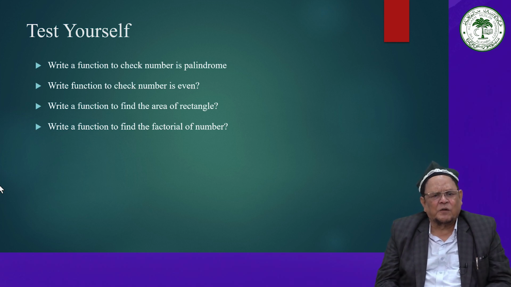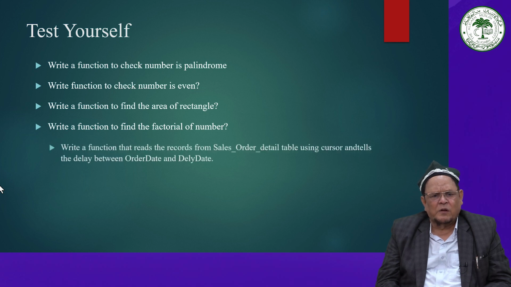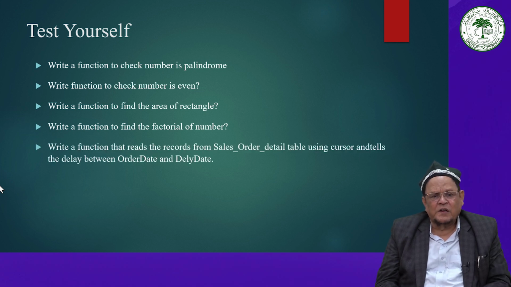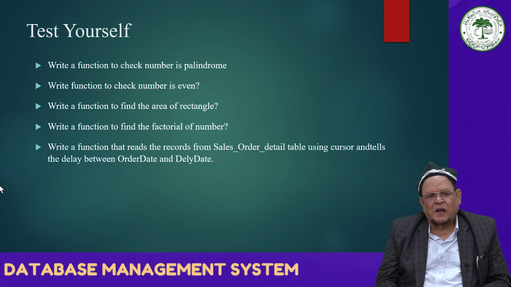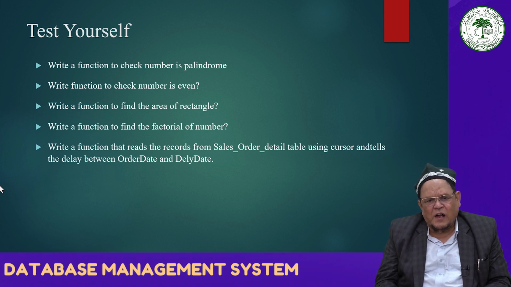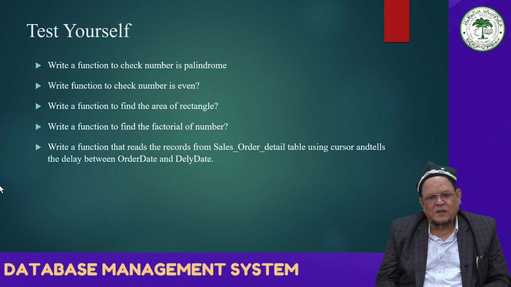The next question is to write a function to find the factorial of a number. The last question is to write a function that reads the records from the sales order details table using a cursor and tells the delay between the order date and the delivery date.